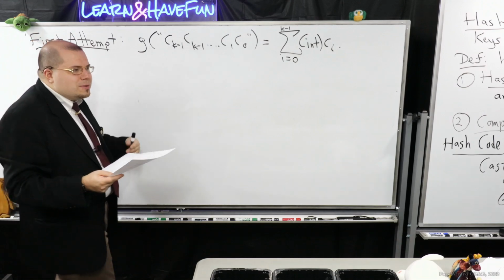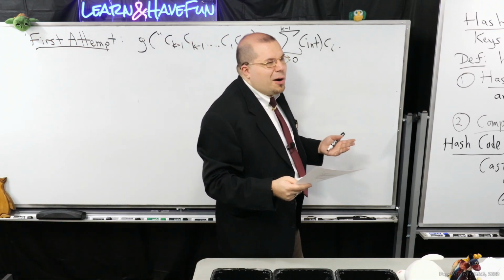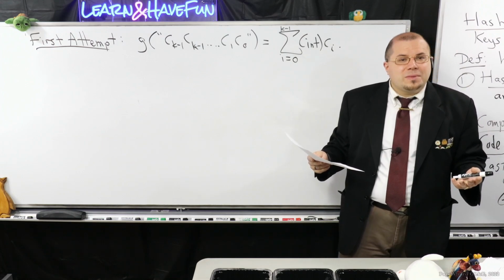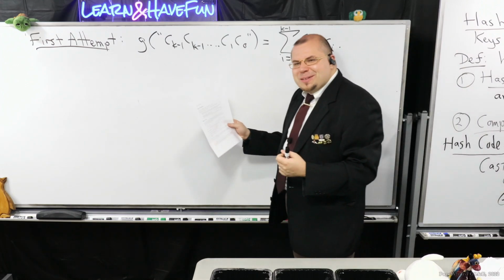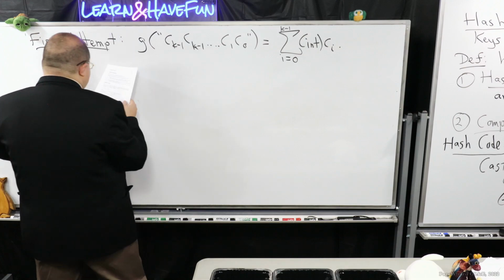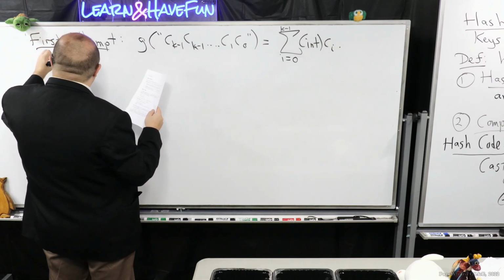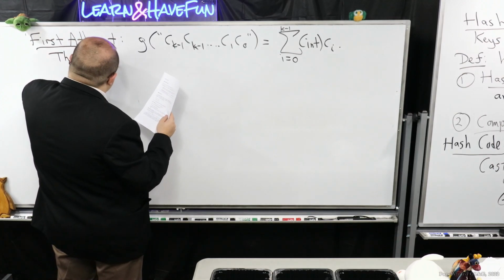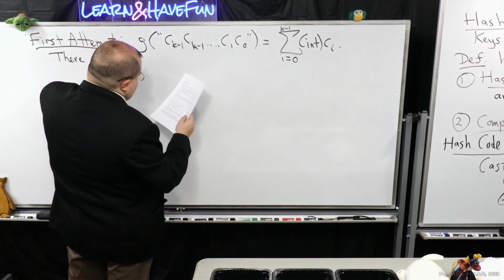Suppose I give you a dictionary that has a lot of arbitrary English words in it. It's probably not going to do very well, or it's going to have issues. There are issues with this hash code, and I want you to think about these carefully.